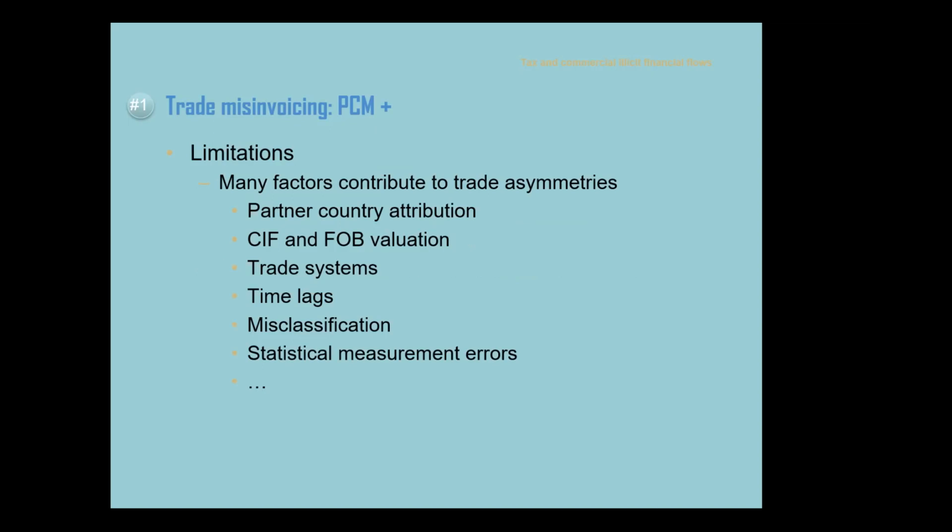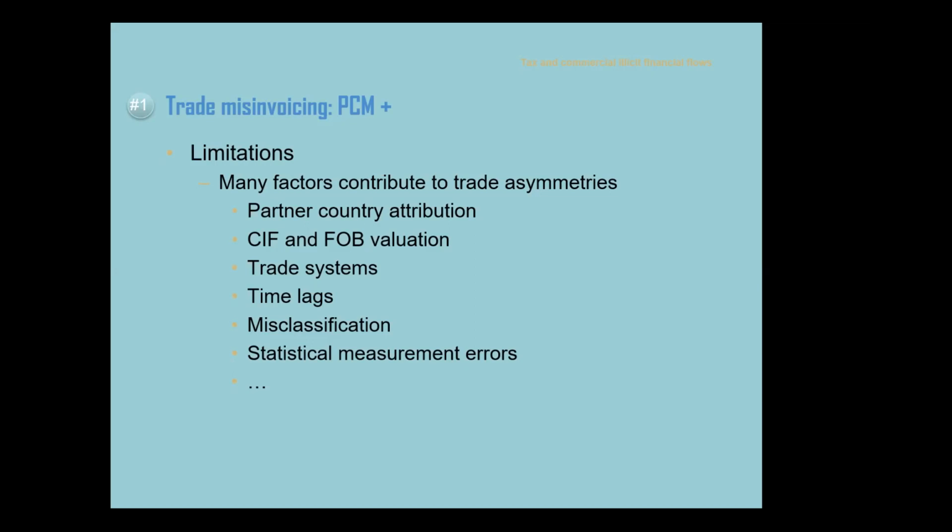So the three main or well-known factors for asymmetries in those bilateral trades would be, number one, application of different criteria for partner country attribution, referring to the imports, exports, but then also the categories of re-imports or re-exports. So those will be very important to see how they have to be applied in order to avoid any discrepancies caused in bilateral trade statistics.